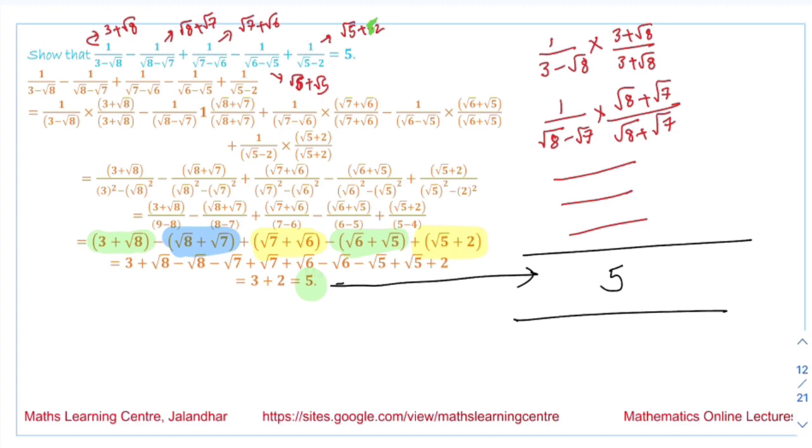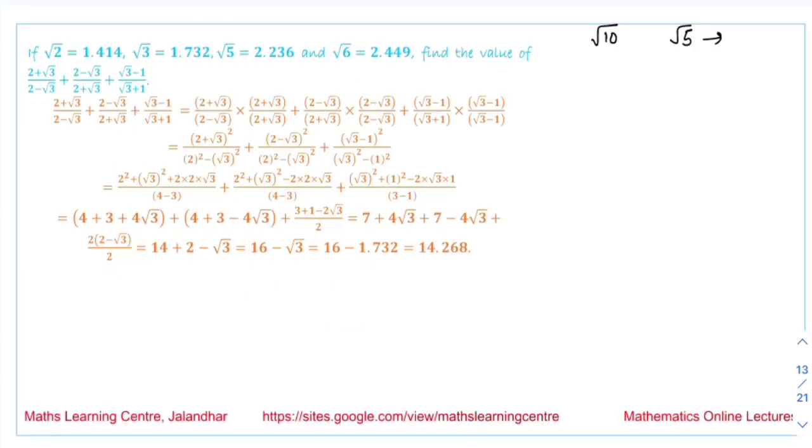In the previous questions, we have done a question in which the values given to us were root 10 and root 5. We rationalized the denominator and calculated the final value of that particular expression. Now the expression is given in 3 parts: first, second and third.